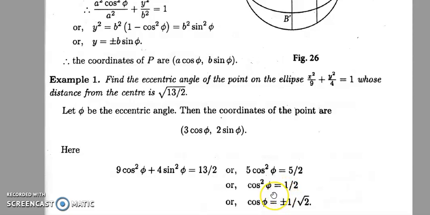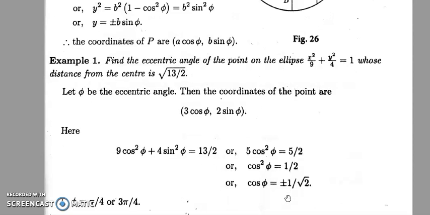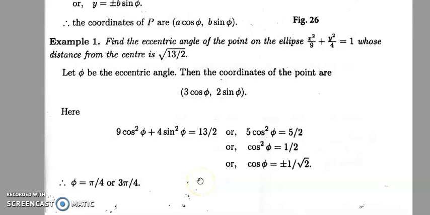So cos phi will be plus or minus 1 by root 2. So plus 1 by root 2 varumba phi value will be pi by 4, and for minus 1 by root 2 phi value will be 3 pi by 4. So the eccentric angle can be either pi by 4 or 3 pi by 4.